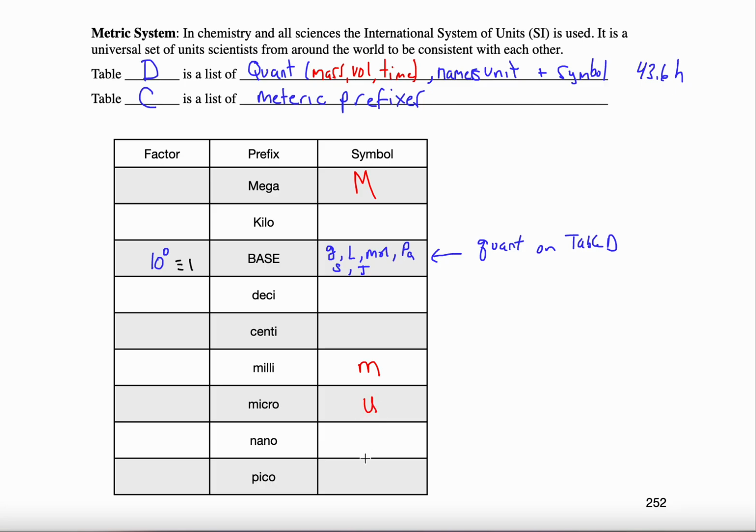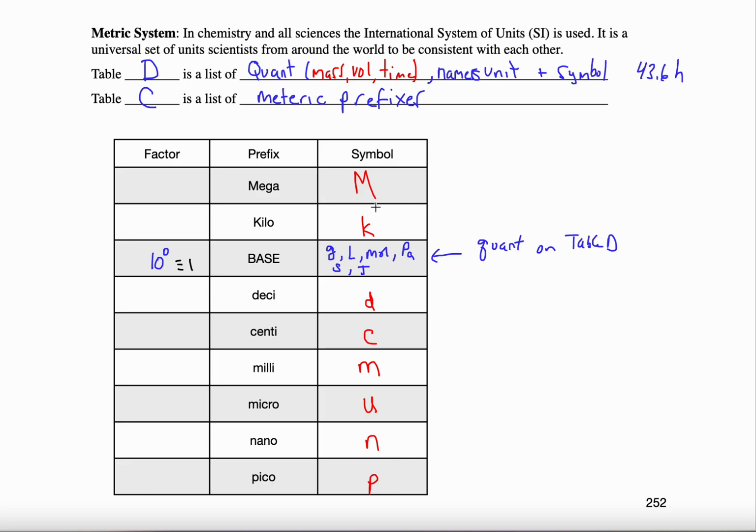It's the Greek letter mu. All of the other ones are pretty simple. Kilo is a lowercase k, deci is a lowercase d, centi is a lowercase c, nano is a lowercase n, and pico is a lowercase p. Don't make up your unit symbols, then they're wrong.